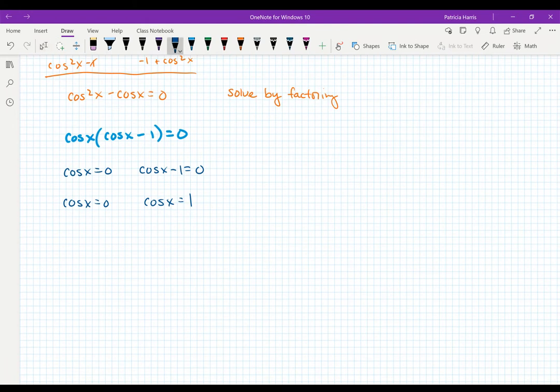So that happens at x equals pi over 2 and 3 pi over 2. And then for the 1, it'll happen at 0. And since we don't include 2 pi, we don't put 2 pi. And then we are finished.